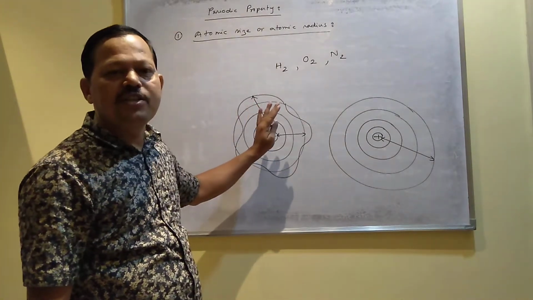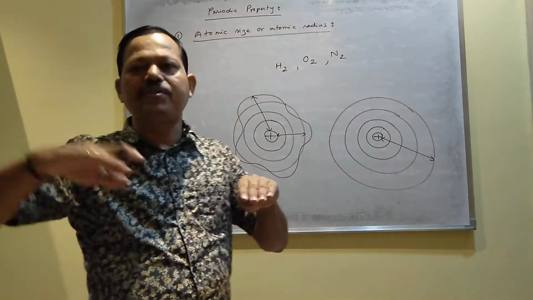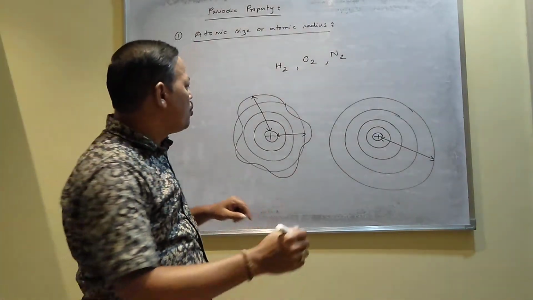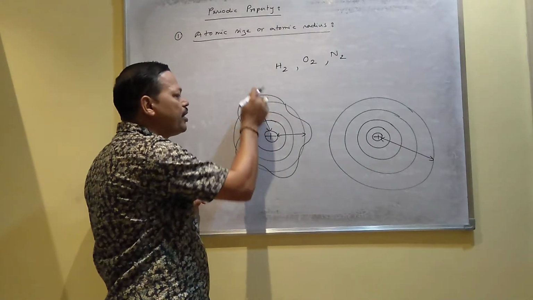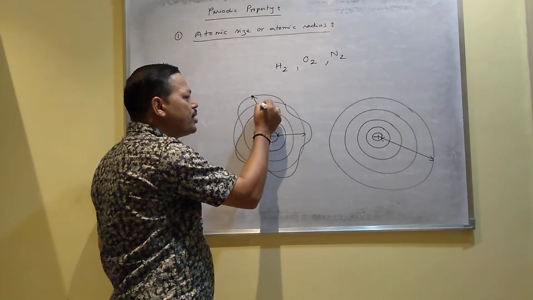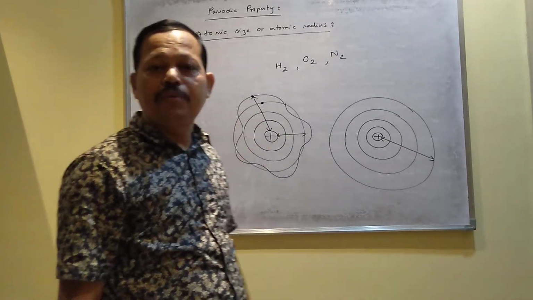Actually the proper definition is like this, because since the electron has wave nature, when it moves as a wave, up to that point you have to measure the radius. If you measure the radius up to the shell, then your radius will not be correct.